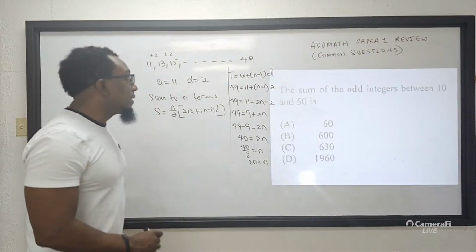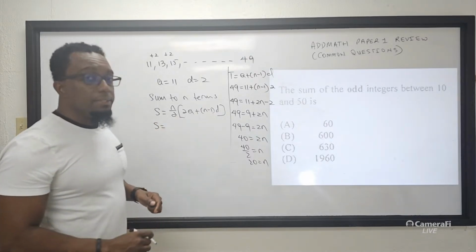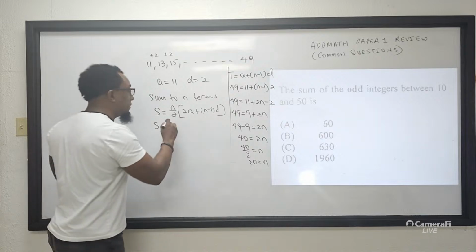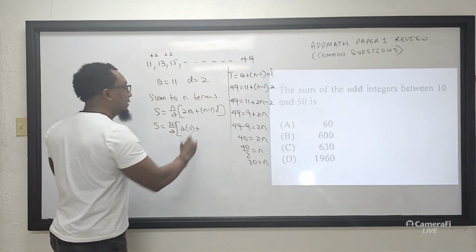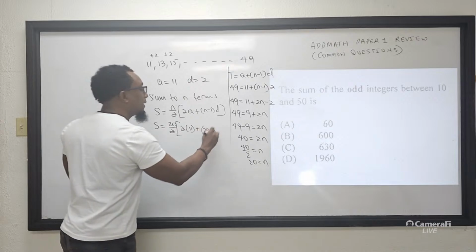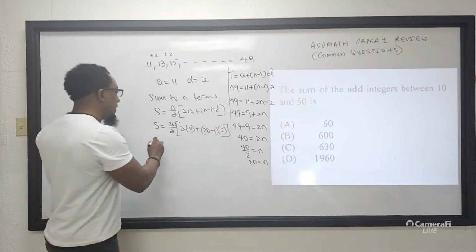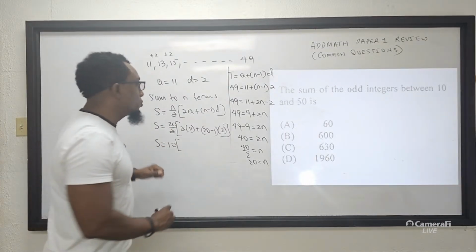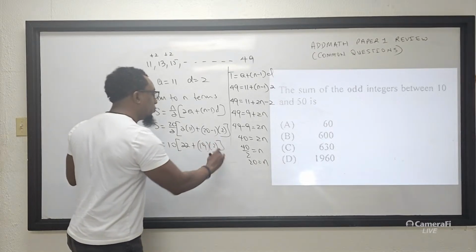So now that I know the number of odd integers, let me find the sum of odd integers between 10 and 50. So this will be n, which is 20, over 2 into 2 times a, which is 11, plus 20 minus 1, d, which is 2. So I'm going to get S is equal to 20 over 2 is 10, 2 by 11 is 22, plus 19 times 2.